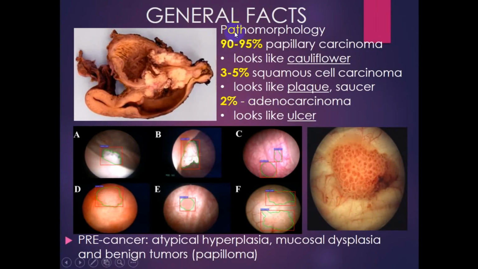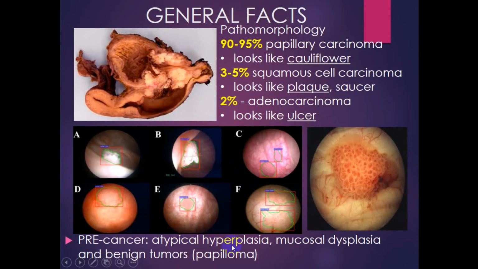General facts: morphology. It may be different kinds of tumors. Carcinoma papillary one looks like cauliflower. Remember, 3–5% squamous cell carcinoma looks like plug, and 2% are adenocarcinoma, looks like ulcer.